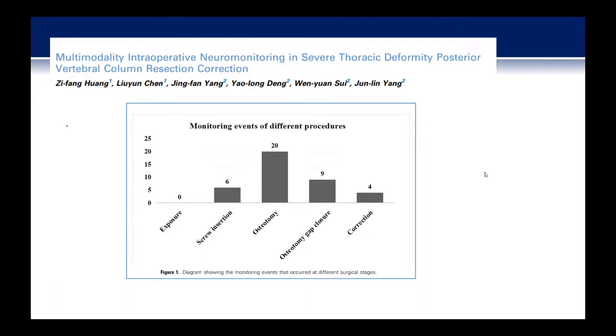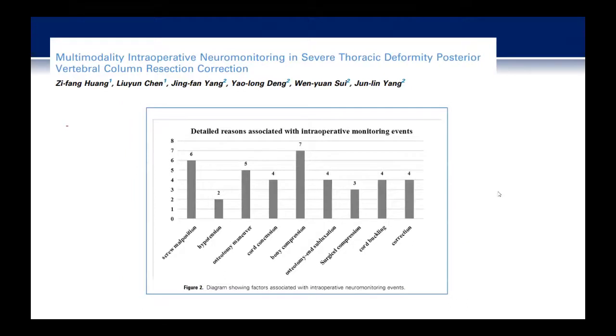Most of the neuromonitoring events were during osteotomy, which is when our neuromonitoring alerts were also. And then these are detailed reasons why. The most common was bony compression at the site of the osteotomy.